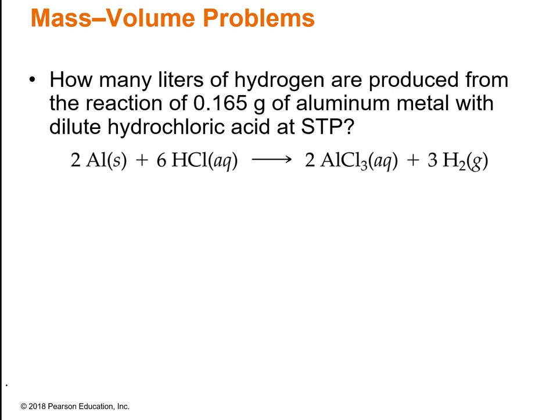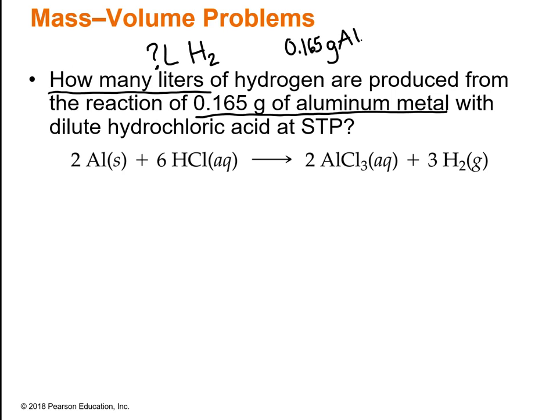First thing, identify the problem type. Now I told you this is a mass to volume problem, but if you're reading this problem without a title on a slide, you need to be able to identify it. How many liters? That's the question. Question mark liters hydrogen, so hydrogen gas, are produced from the reaction of 0.165 grams of metal. So we have grams of metal.